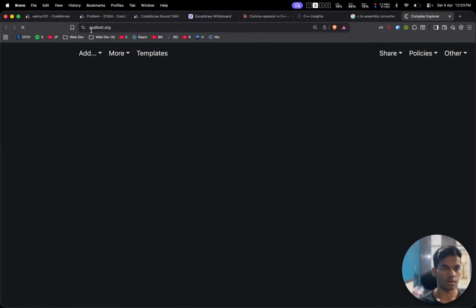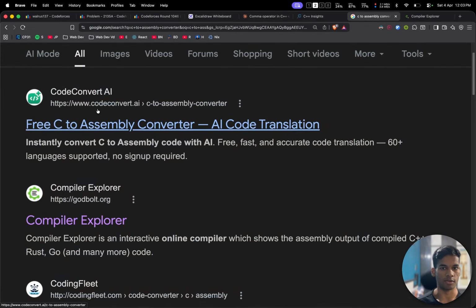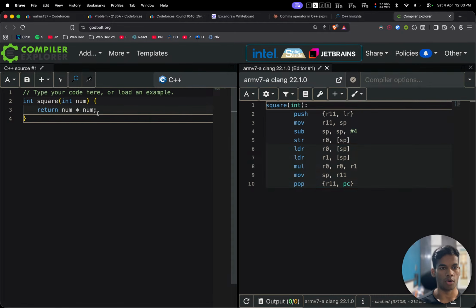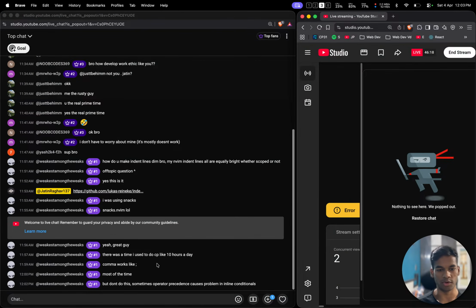Is this Godbolt? Yep, this is the one. Compiler Explorer. Okay, maybe we don't want to do assembly.